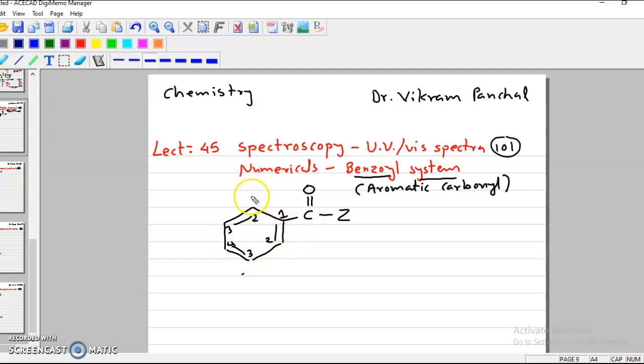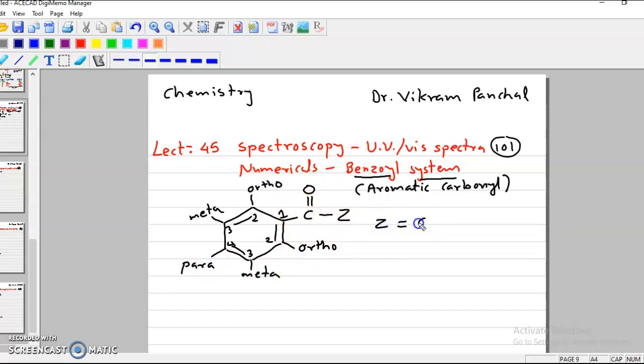When a substitution is present at the second carbon anywhere, it is called ortho substitution, here also ortho, with reference to the main functional group carbonyl. When any other functional group is present at the third position, we call it meta substitution. Here also we have meta substitution on the third carbon, and when any substitution is present at the fourth carbon, it is called para substitution.